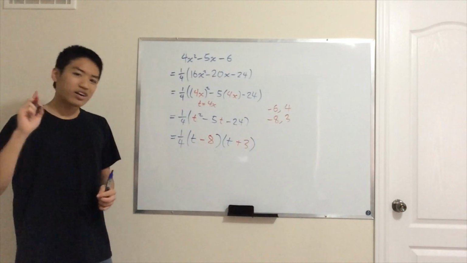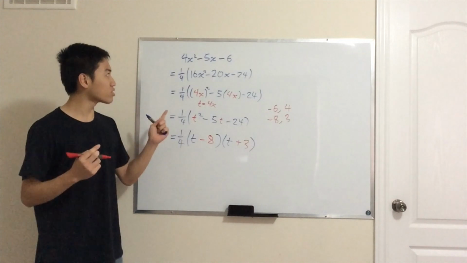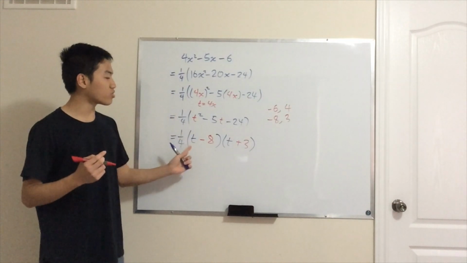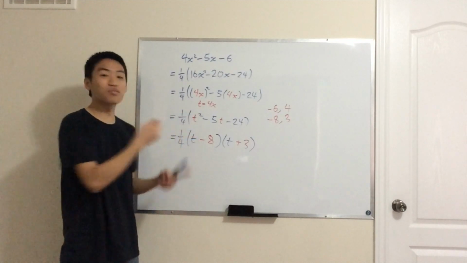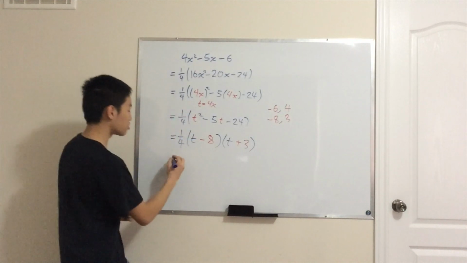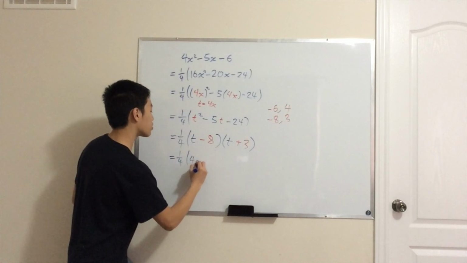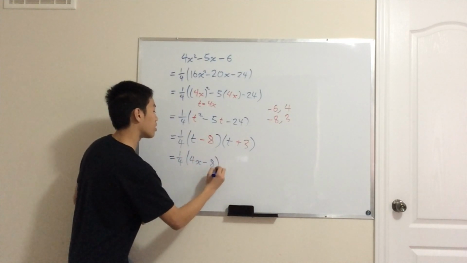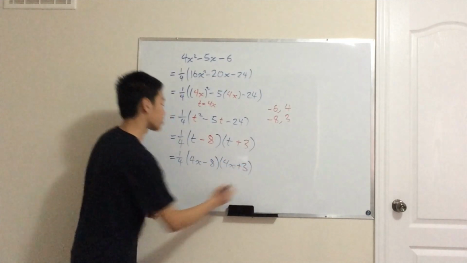Right? Not yet. Our original expression is in terms of x, so our final answer should also be in terms of x. But remember, t is nothing more than 4x. We can undo the substitution right away. So we have 1/4, 4x minus 8, and finally 4x plus 3.